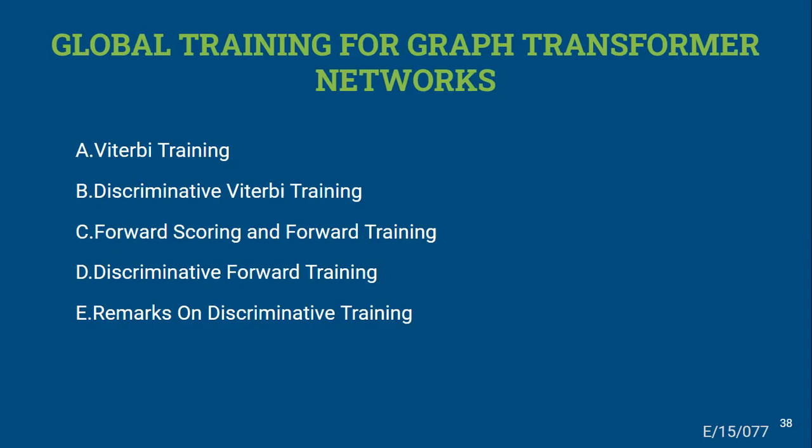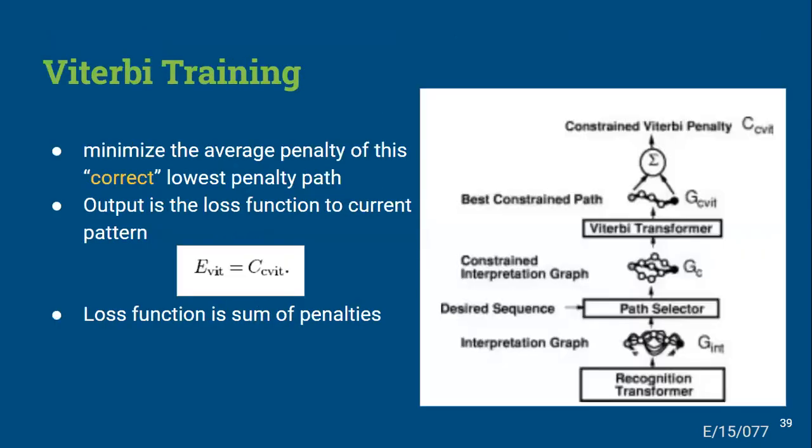They are at the string level: Viterbi training, discriminative Viterbi training, forward training, and discriminative forward training. For the time being, I will describe a few of them. Let's talk about Viterbi training.